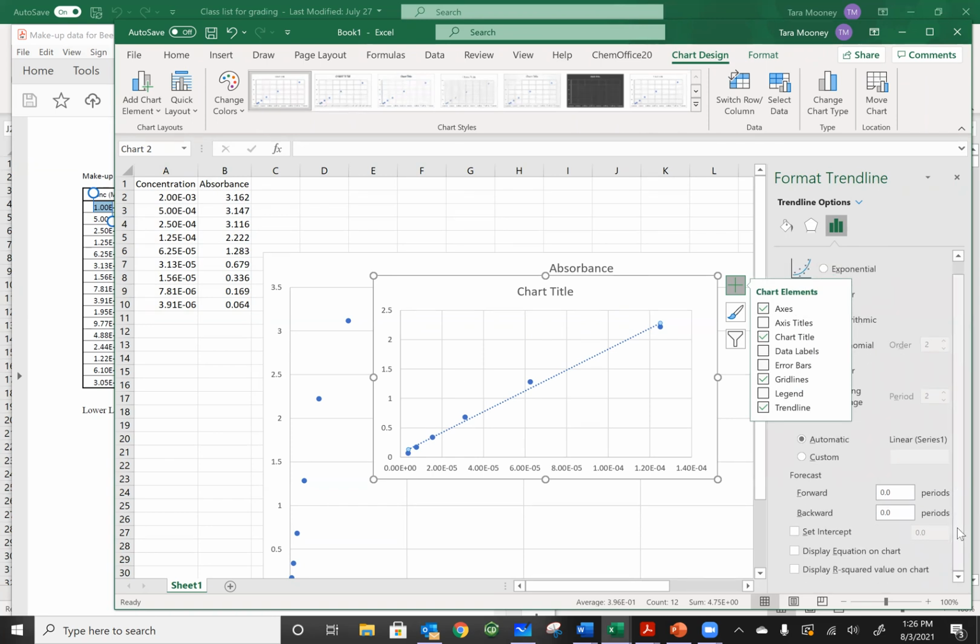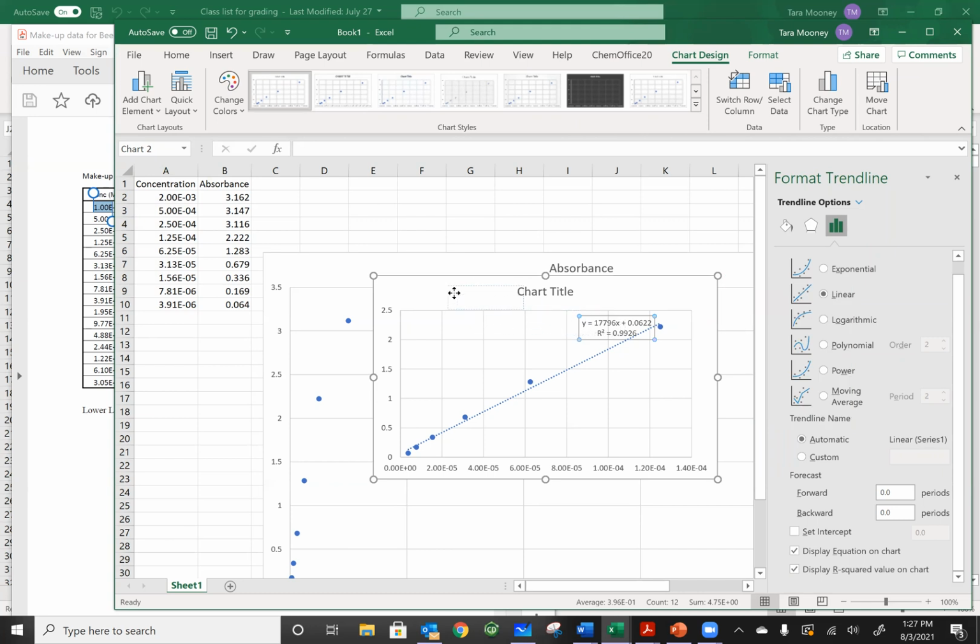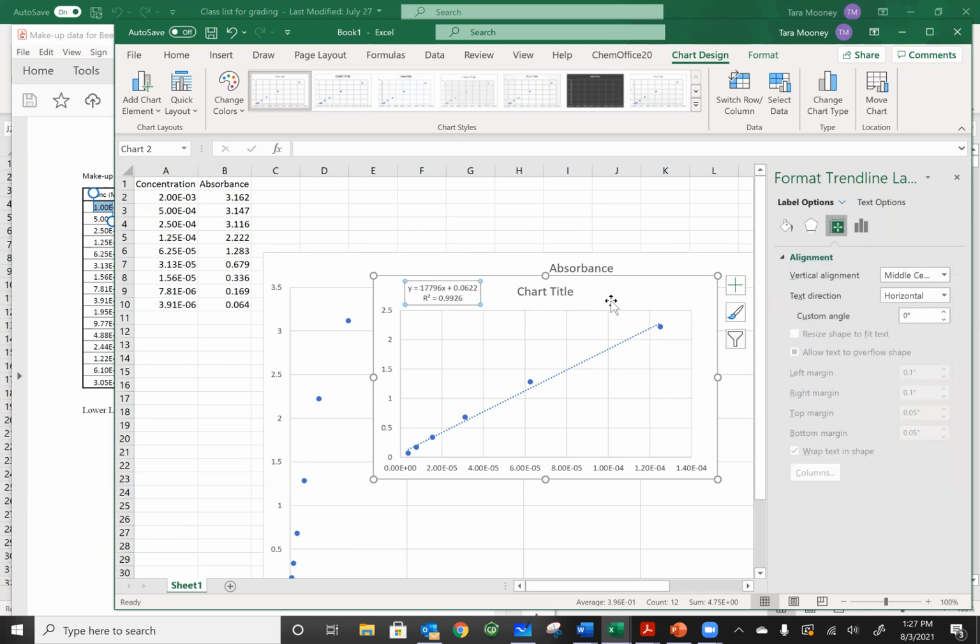In format trend line, we can display the equation on the chart, and we want to also display the R-squared value. The R-squared value tells us how close our data is overall to that trend line. So the closer to 1 that we get, the better. Okay, so here is our data.